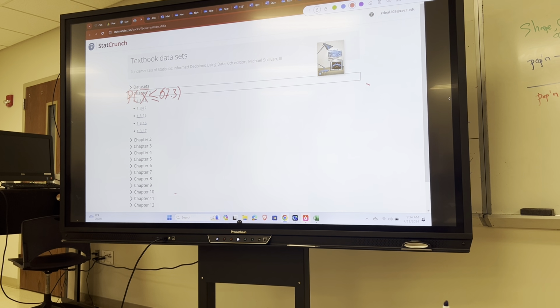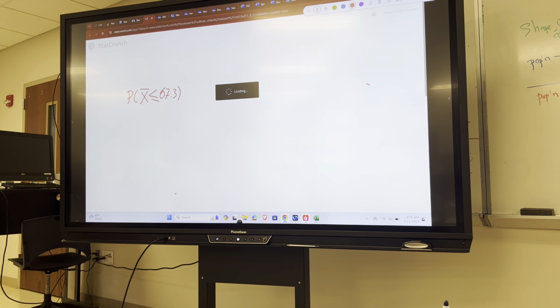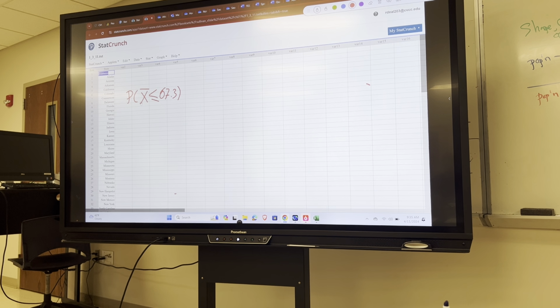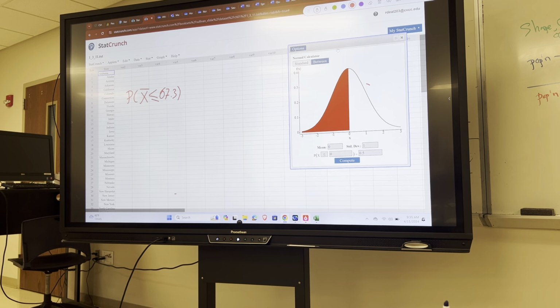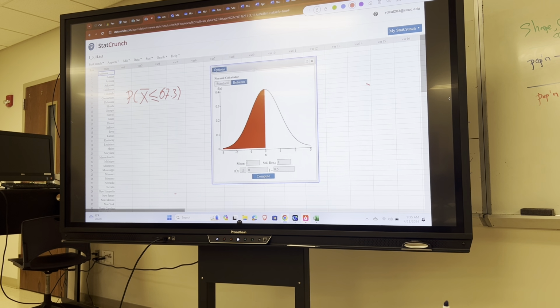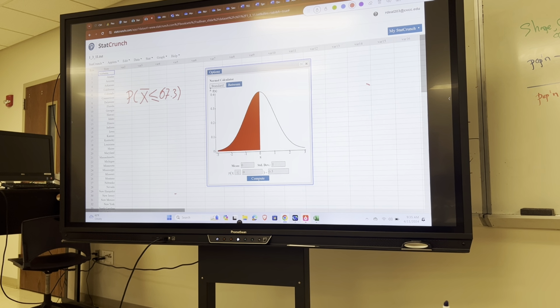Okay, in our StatCrunch, guys, just disregard whatever you're seeing on the numbers in here. You just go to Stats, you go to Calculators, you go to Normal distribution. Now for the population, let's do it for the population first. Let's click on standard, and let's put in here the mean, 64, and the standard deviation, 17.